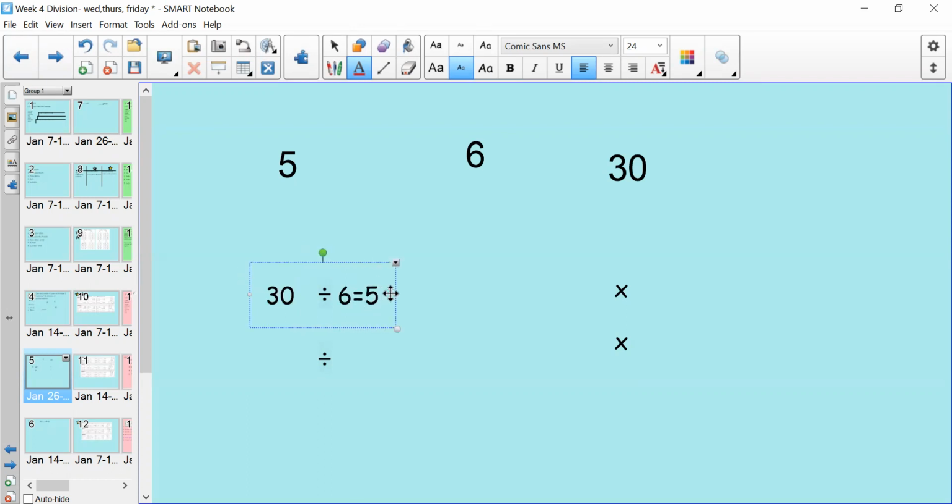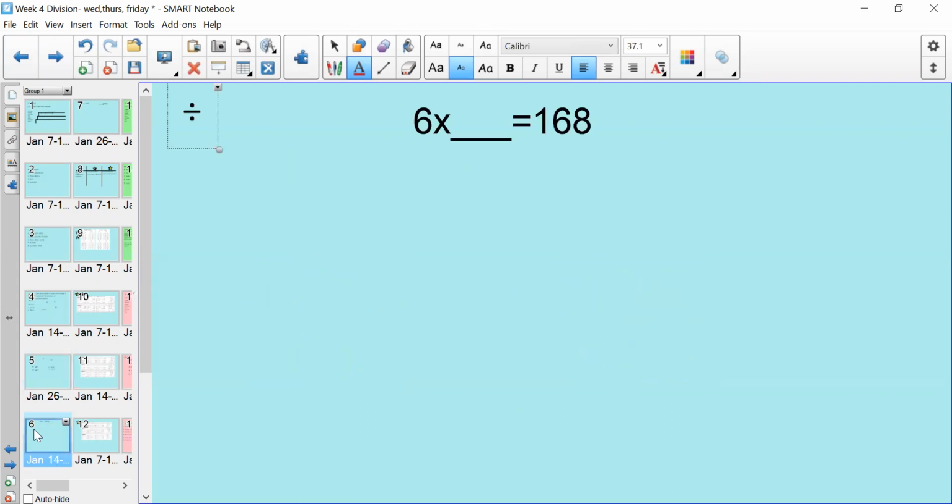So we've used those 3 numbers. Then we use the same 3 numbers. 30 divided by 5 equals 6. And the multiplication is the opposite, the inverse. So we've got 2 smaller numbers, so 5 and 6, creating a bigger number, which is 30. And then 6 and 5 equals 30.